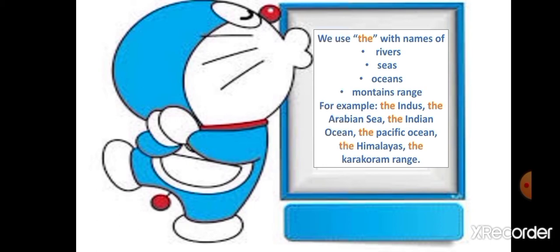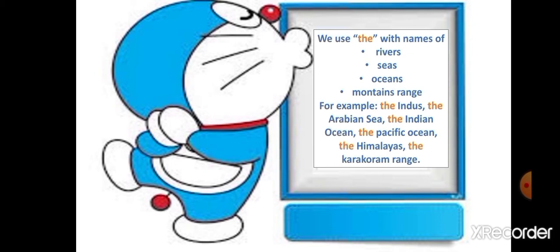For example, if we take rivers, there are different rivers, and before writing the names of the rivers, we have to use the. According to the rule, we have to use the before the name of the river.